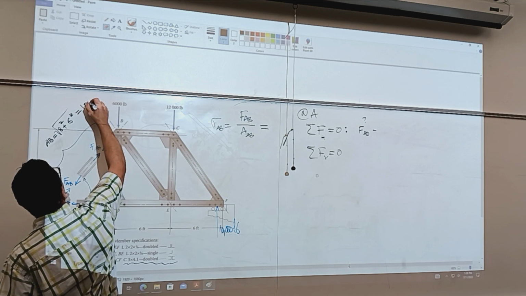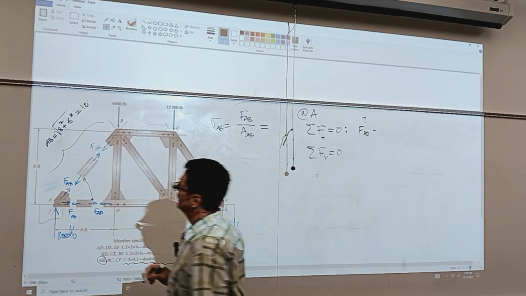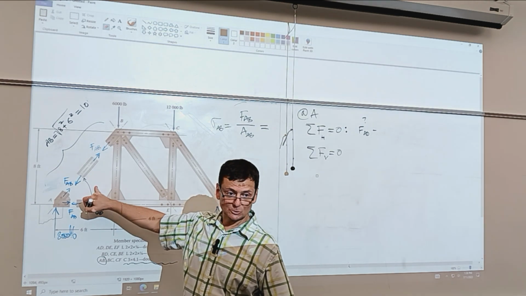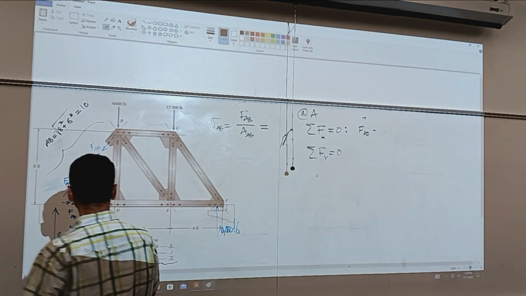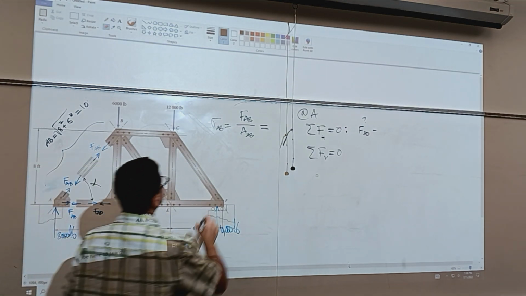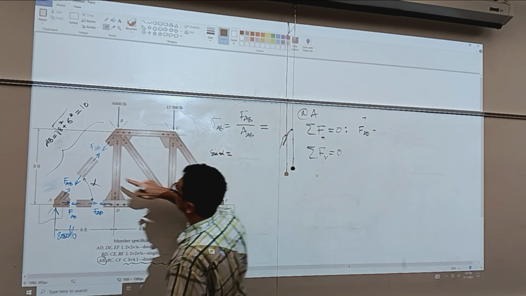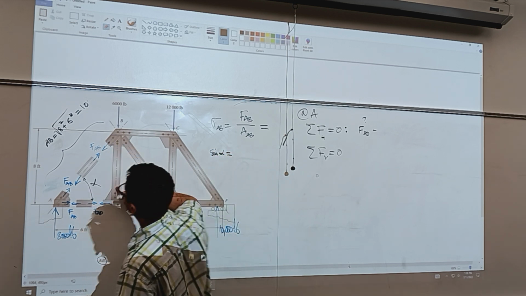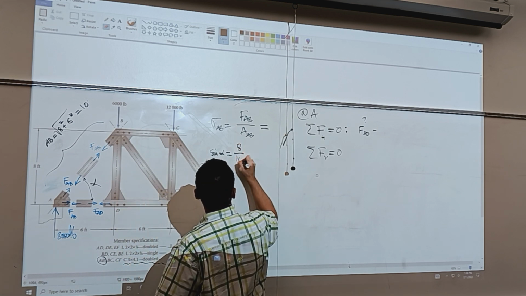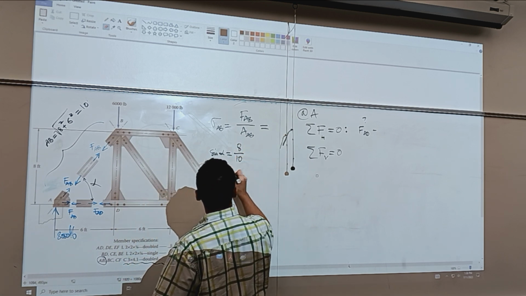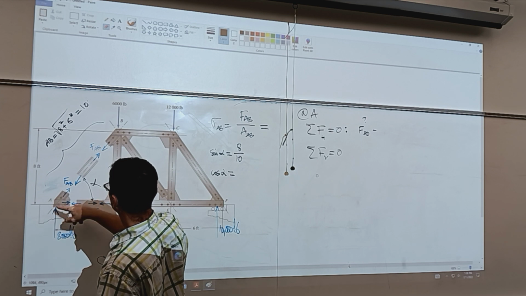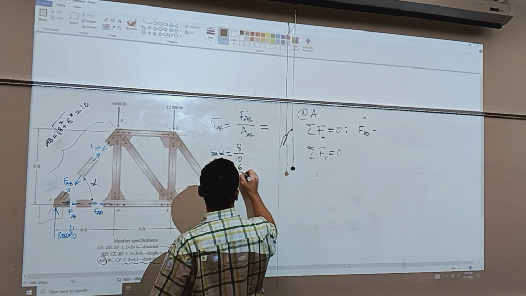This is 10 feet. We can calculate the angle directly, or we can just say sine of alpha is going to be 8 over 10, and cosine alpha is going to be the other one, 6 over 10.